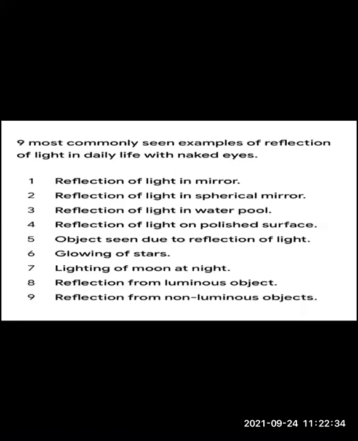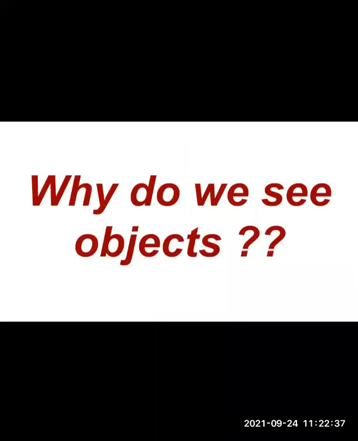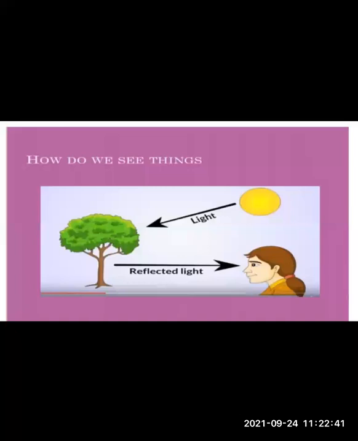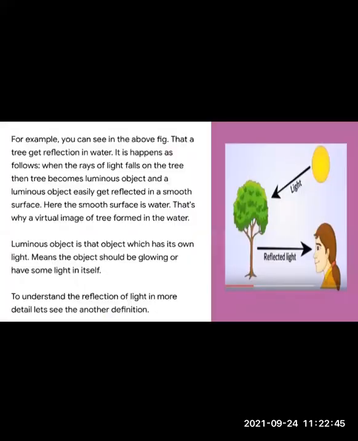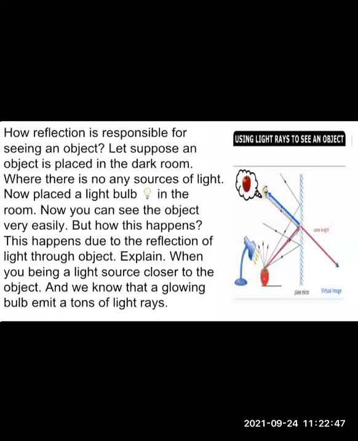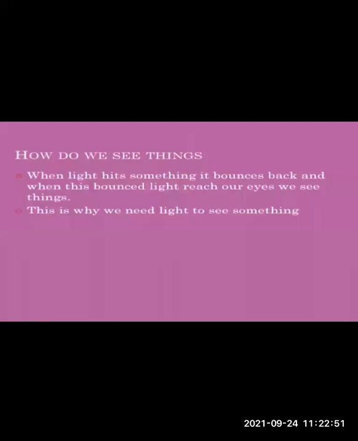In the next slide, why do we see objects? We saw the detailed explanation about this. In the third slide, we saw why we are able to see objects in the dark. Then, what exactly is reflection? Reflection is nothing but bouncing back of light from an object.